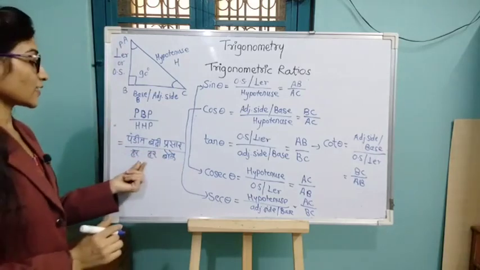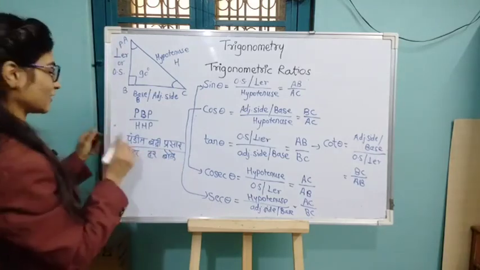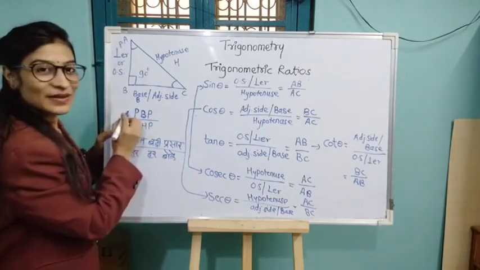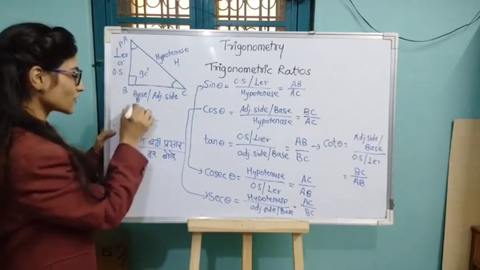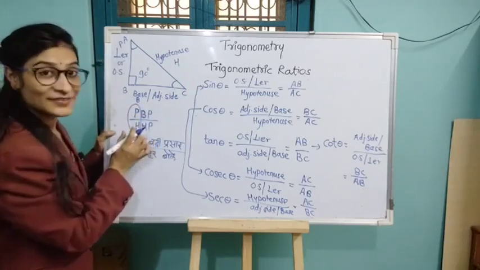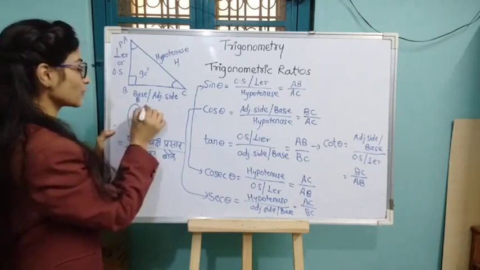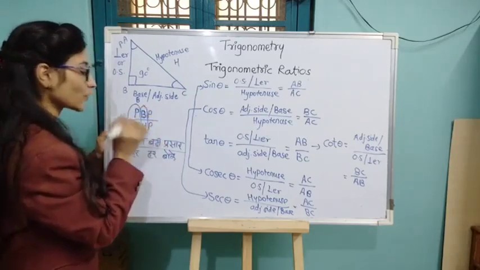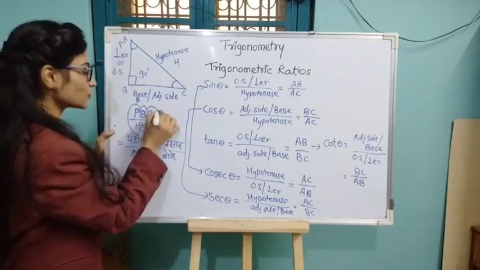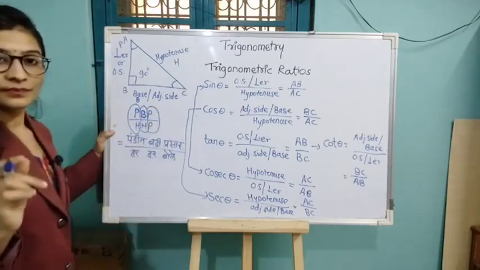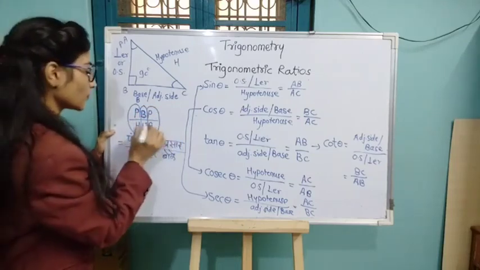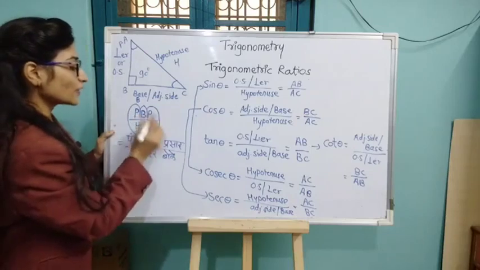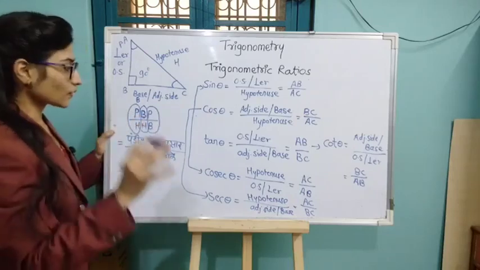So Pandit Badri Prasad har har bole, that we have to consider here. How is it? P means perpendicular. These first 2 letters are for the sin ratio, these 2 letters are for the cos ratio, and here we have to write B. So these 2 letters are for the tan ratio.